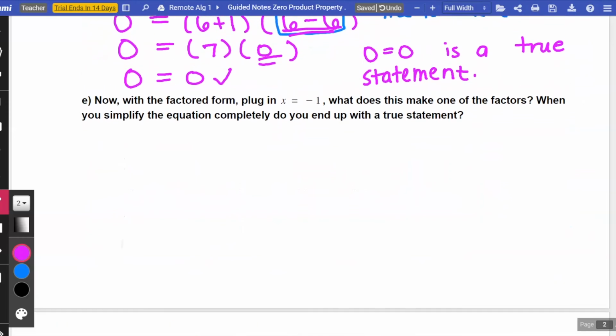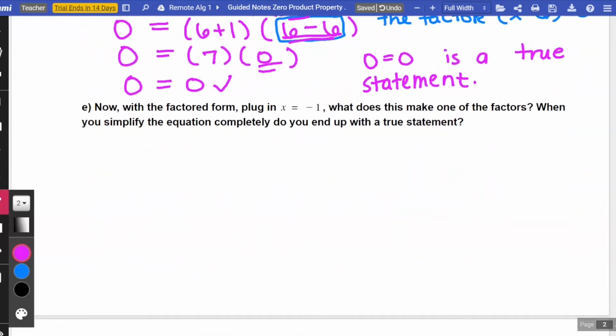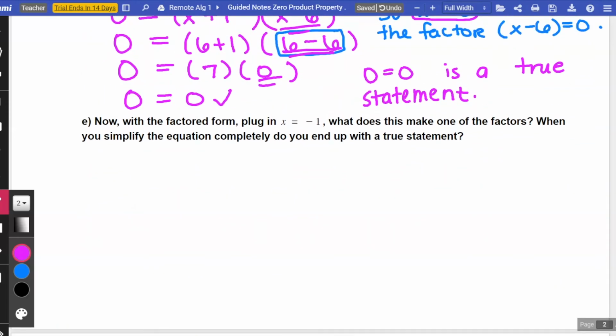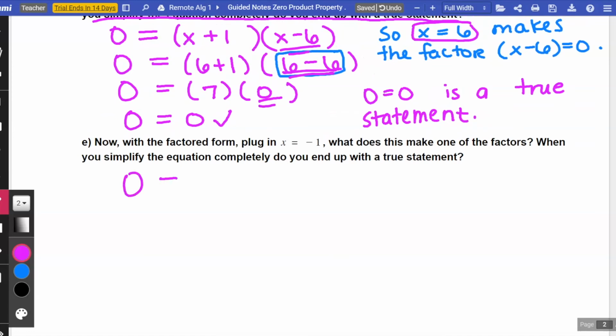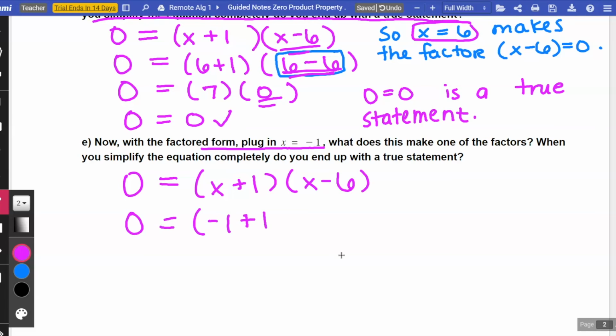Interesting indeed. All right, so part E. Now we're going to do the same thing. We're going to take our factored form, and we're going to plug in x equals -1. So 0 equals x plus 1 times x minus 6, and this time we're going to replace x with -1. And what does that make one of the factors?